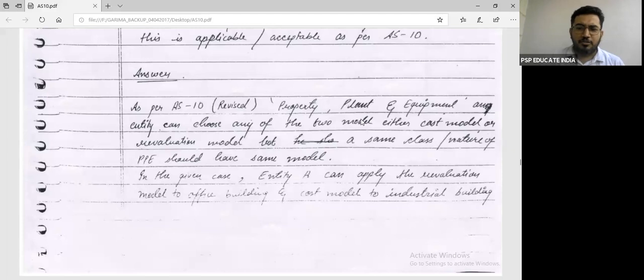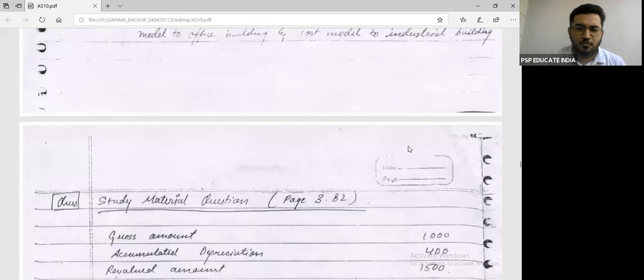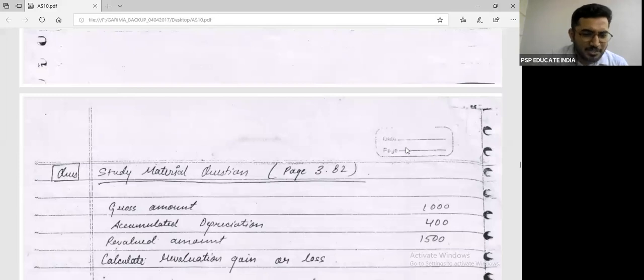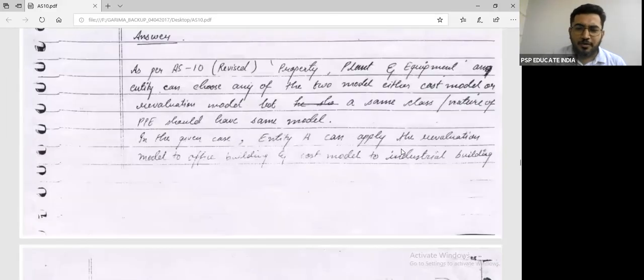But the same class or nature of PPE should have the same model. In the given case, entity A can apply the revaluation model to office building and cost model to industrial building. So as you all said, this is absolutely correct. And you can use two models for office buildings and industrial buildings.